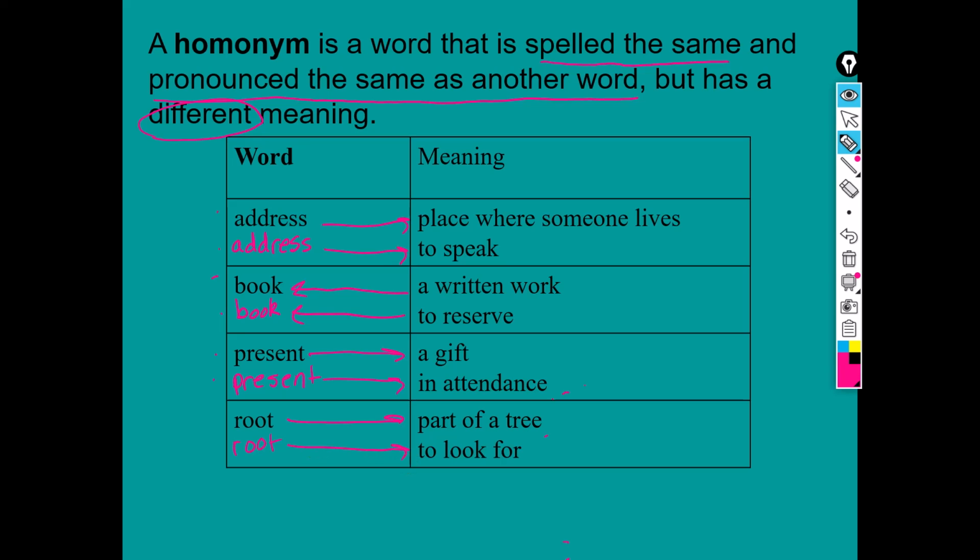So you might just write the word homonym down, and then bullets: spelled the same, sounds the same, different meaning. There it is. Spelled the same, sounds the same, different meaning, homonym. There's your note for that one.